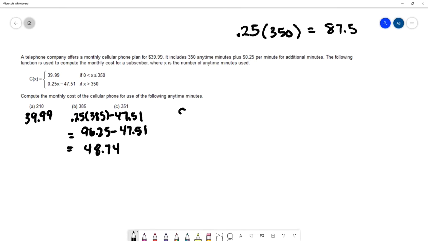And then in part C, what if we have 351? Because we're using more than 350 anytime minutes, we need to use the second equation. So that'll be 25 cents times 351 minus the 47.51. And that's 25 cents times 351.